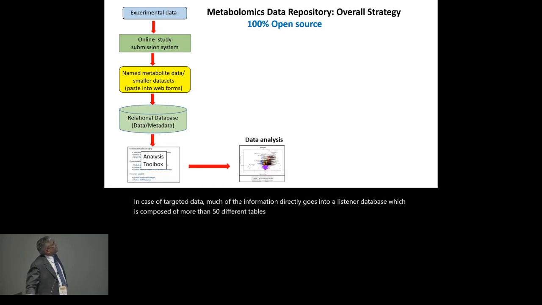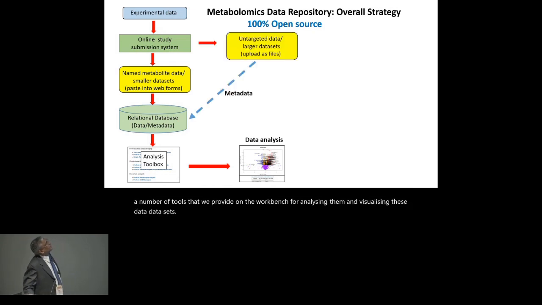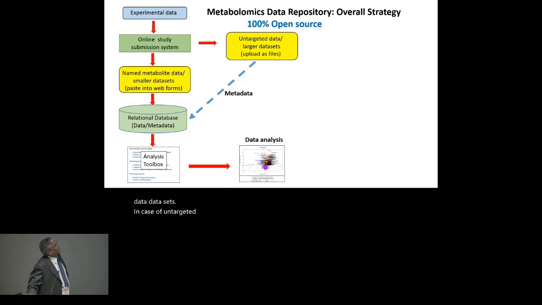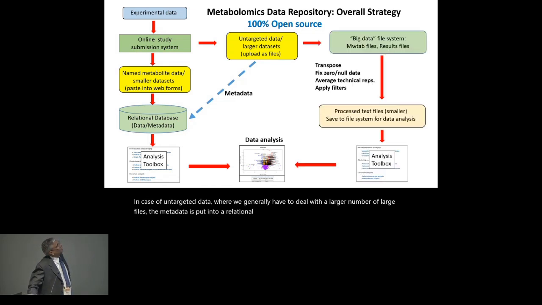Then these data and metadata are accessible to a number of tools that we provide on the workbench for analyzing them and visualizing these data sets. In case of untargeted data, where we generally have to deal with a large number of large files, the metadata is put into a relational database, whereas the large files go into a big data file system for further processing and cleaning, so that it is again available for access and use in the tools that we have.